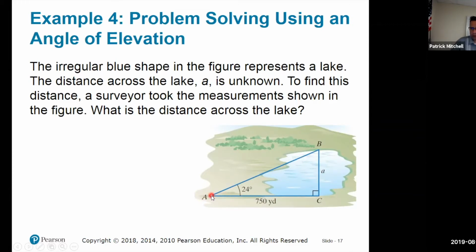So he or she measured from this point all the way over to here, figured out that that was 750 yards. And then the angle from there to the other side of the lake is 24 degrees. Okay. So that is enough information to figure out the distance across the lake.